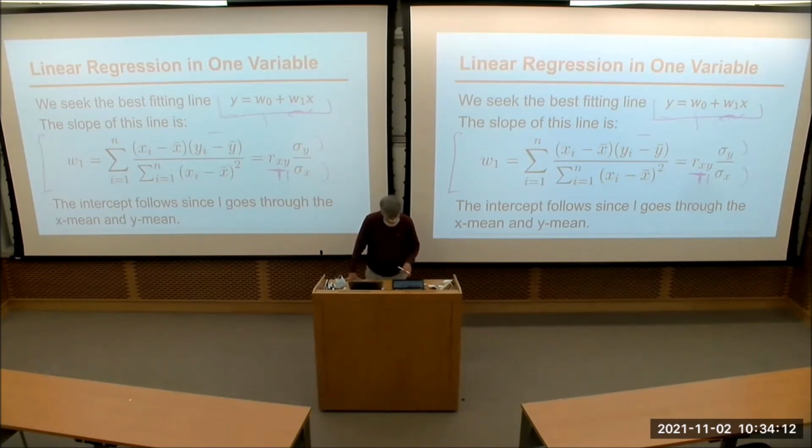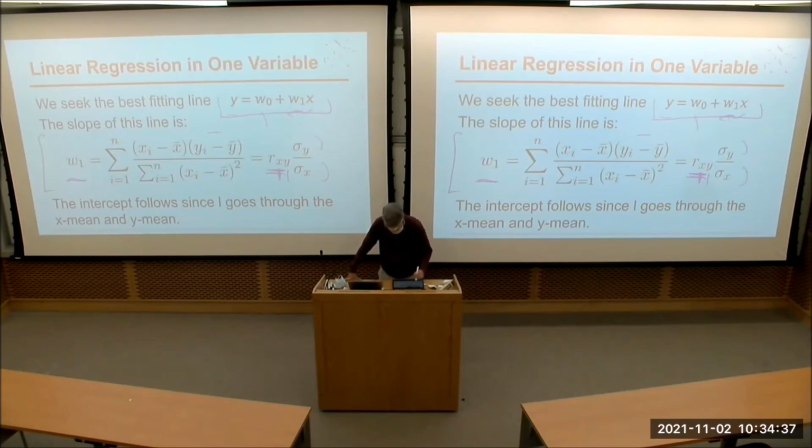So what's the idea here? The coefficient is going to depend upon the correlation between the two variables. What if there was no correlation between the two variables? What if x and y had nothing to do with each other? What would be the best fitting line? Suppose we had a world where we just had random points.